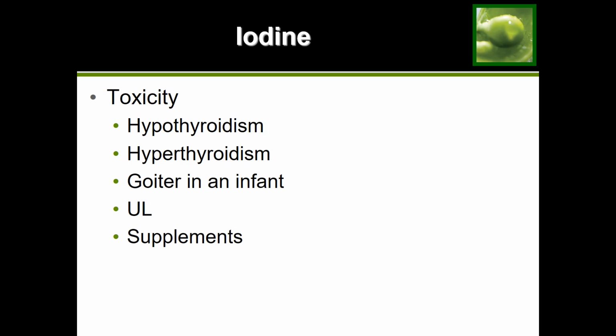But if you have too much iodine, then the thyroid gland will either start working overtime and you will have too many thyroid hormones, which is the hyperthyroid, or your thyroid gland will basically slow down its function or completely shut down because it feels like it's getting too much iodine that it doesn't need. It doesn't need to keep making hormones, and so it will start to slow down and eventually shut down.